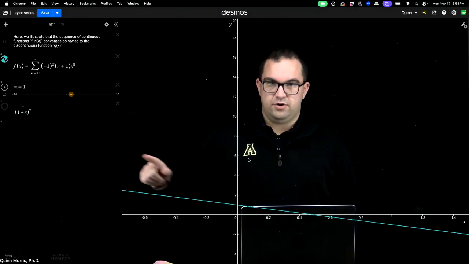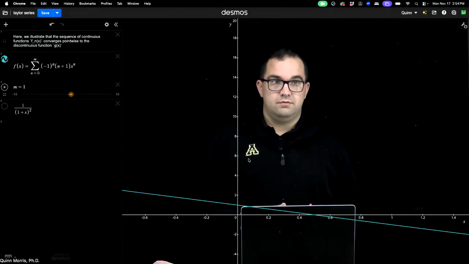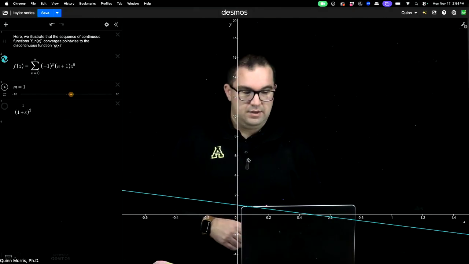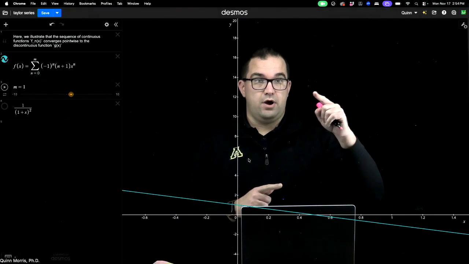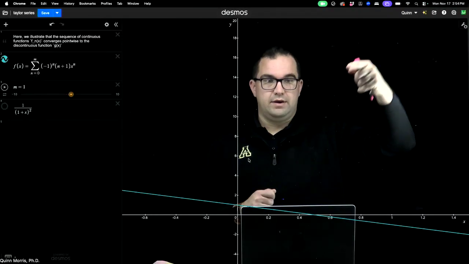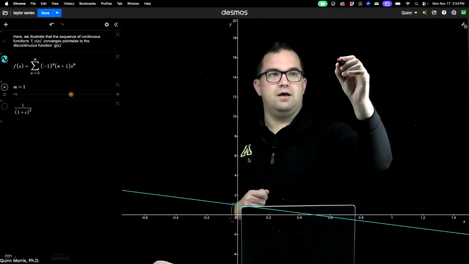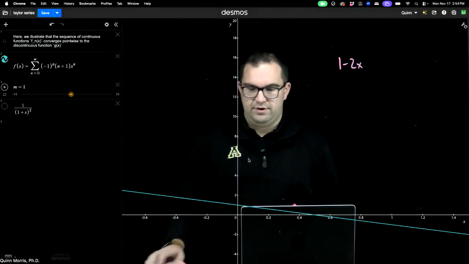So I have plotted here in this blue color what would be f sub 1. f sub 1 is actually just going to be, because we're starting this at k equal to 0, 1 minus 2x. That's what this function plotted down here is.